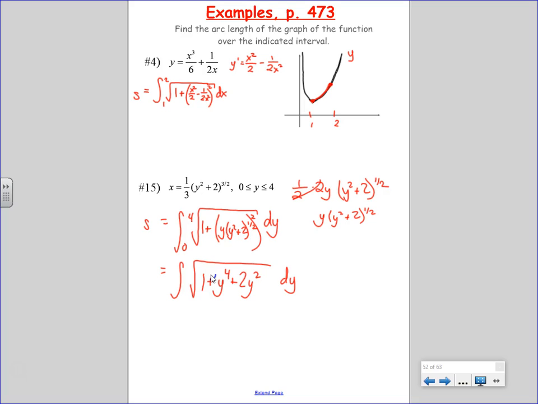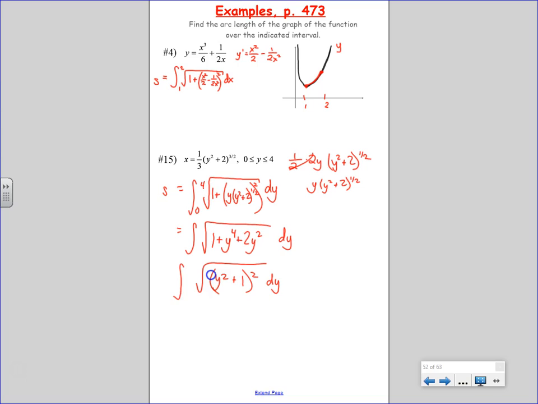Because it's not a plus, right? And then isn't this just y squared plus 1 squared? So it's just y squared plus 1. So this one could be by hand. But there are definitely going to be ones where you wouldn't be expected to. But this one you could. Just thought I'd point it out.